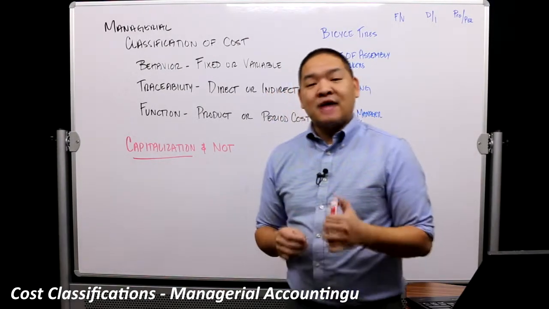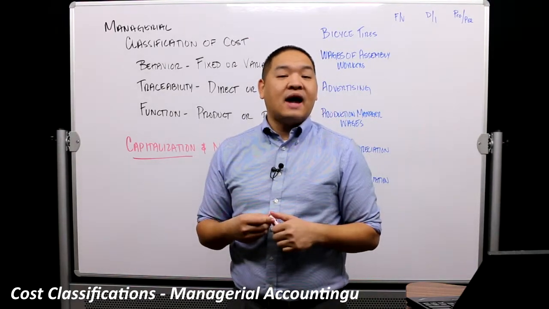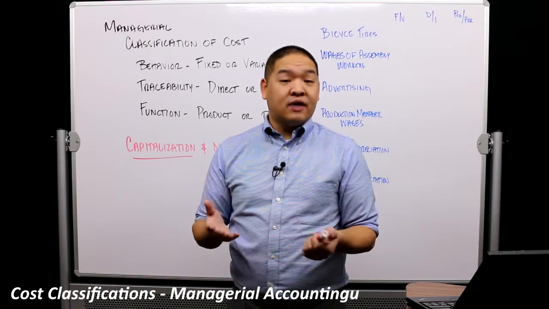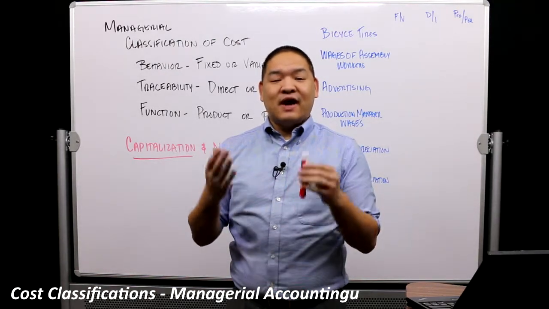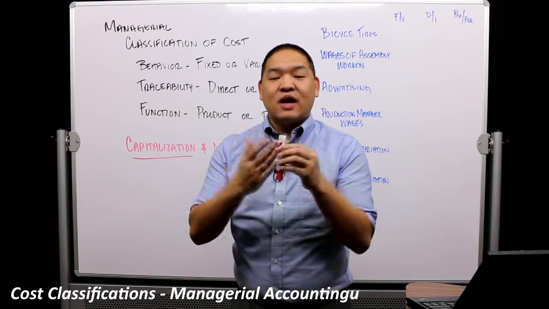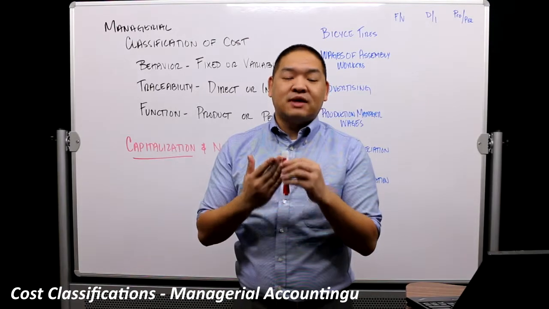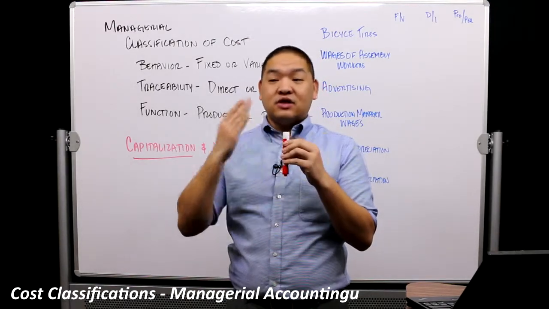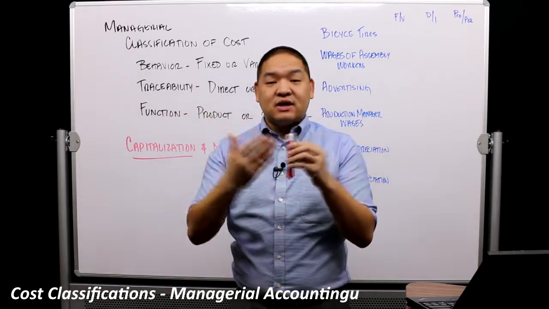For example, let's say we have a machine and it has oil that oils the machine. Well, I can't strictly associate that oil directly with this pen. Therefore, it becomes an indirect cost because I can't associate the oil that we use to make the machine run to this pen.